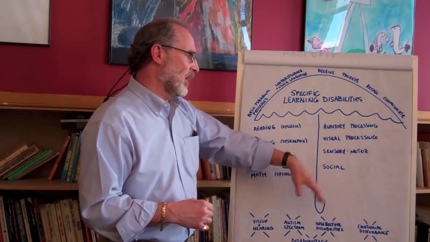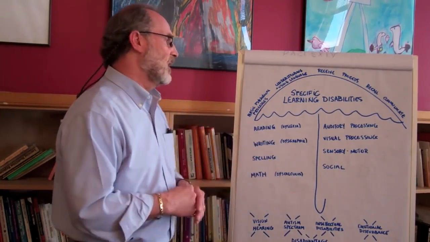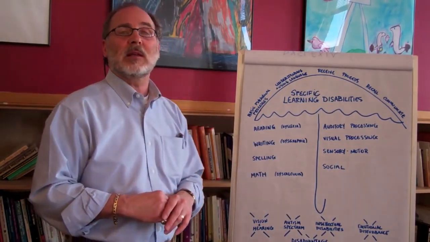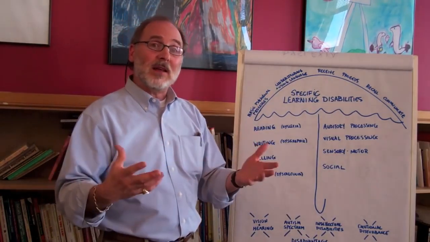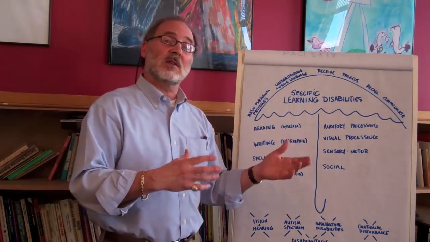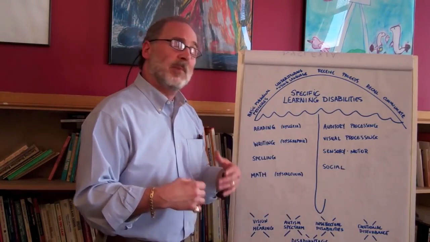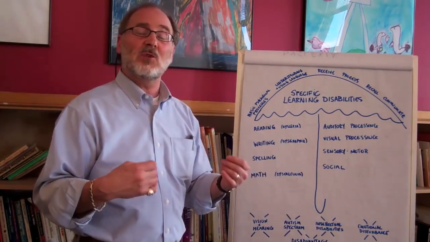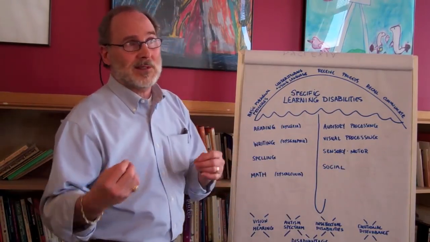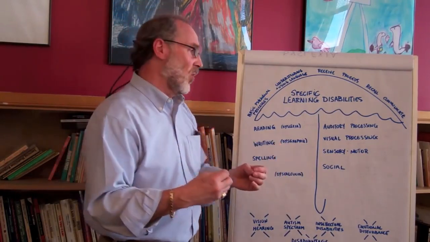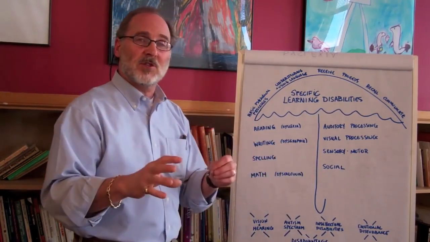And then there's the whole area of social and emotional functioning. Students with specific learning disabilities are not necessarily those kinds of kids who have difficulties in the social domain, but because so many of them often miscue language, they often will say something and mean something else, or they won't be able to find the right word for a situation.